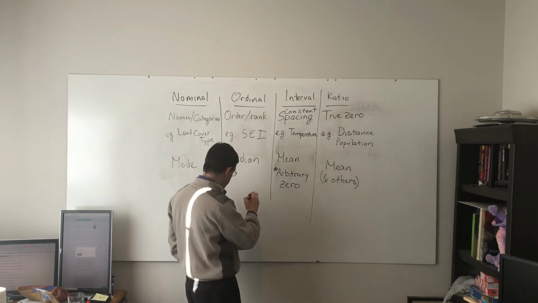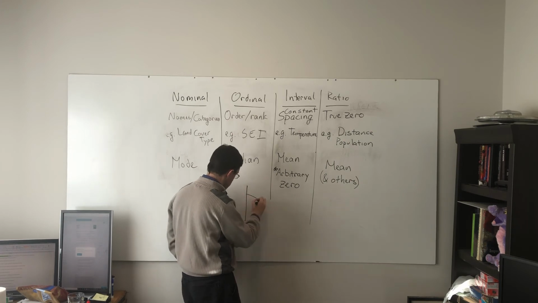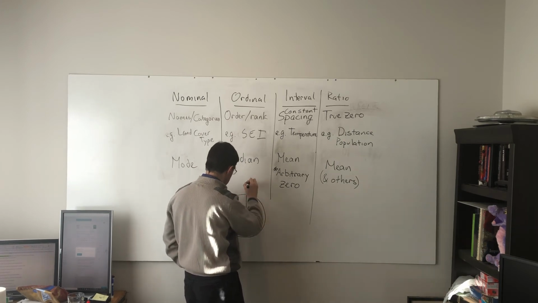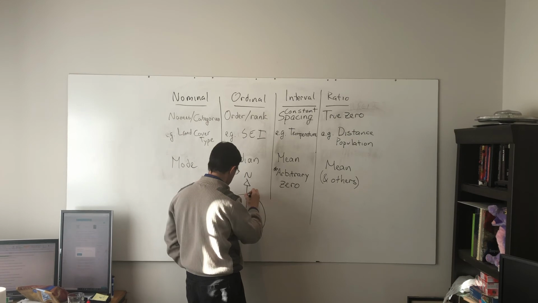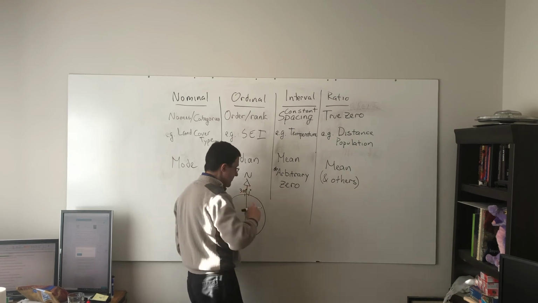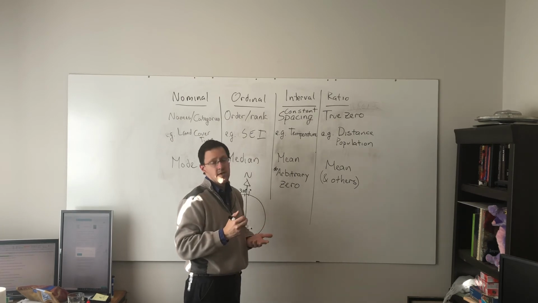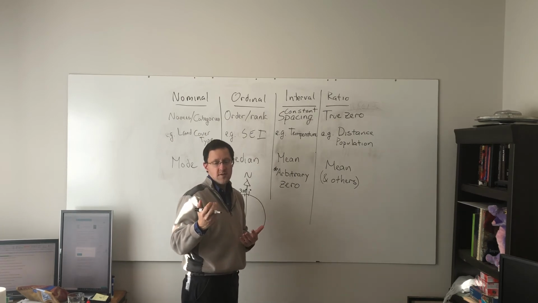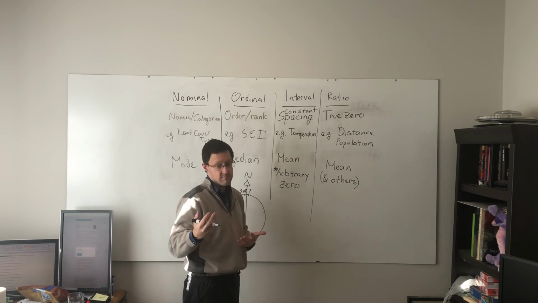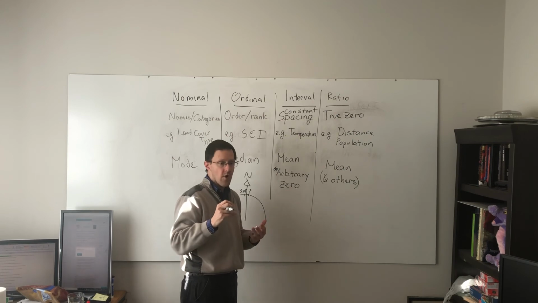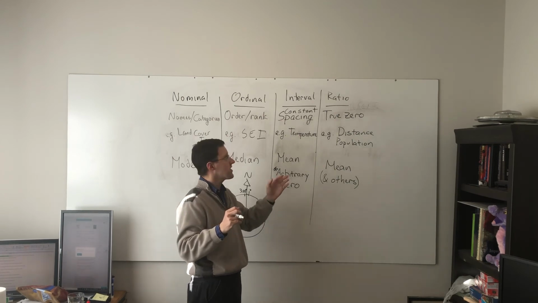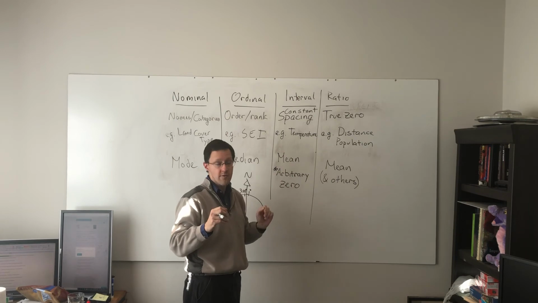If I have a compass direction, first off, it can only go from 0 to 360. Having an upper limit, some people have argued, in many cases in practice it doesn't make much difference. Now, some people have argued that the presence of an upper limit means it doesn't fit any of these scales.